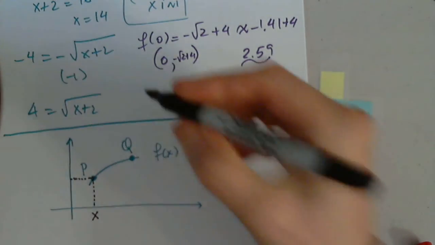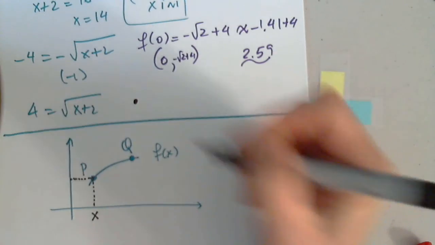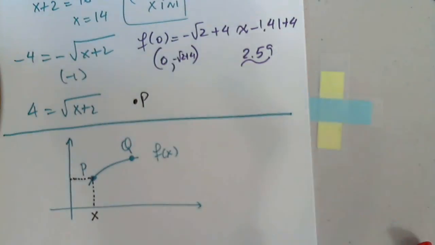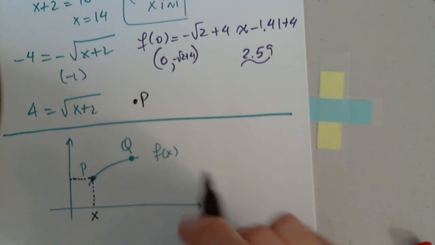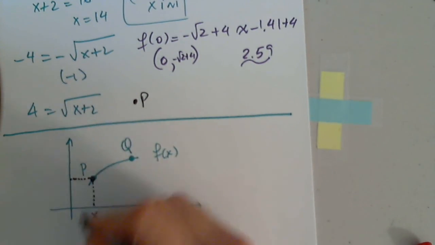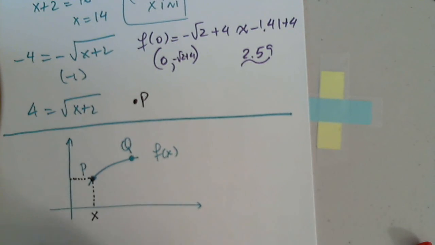Now if I say P is here, and I give you x, and I'm asking you about y, you'll say I have no clue. But P is a point on the graph of this function, and it has x coordinate x. What could y be? Is this like a hypothetical number just for the example?